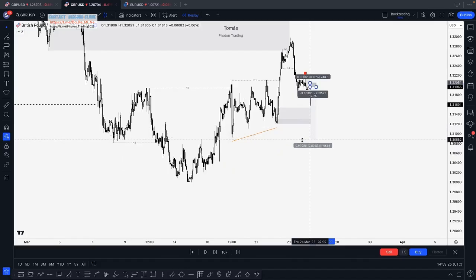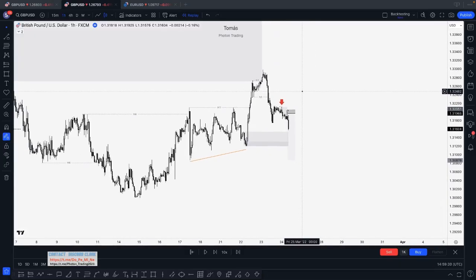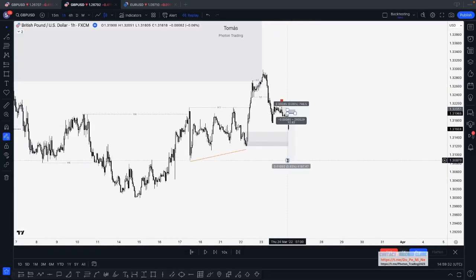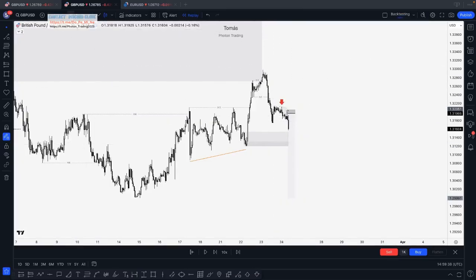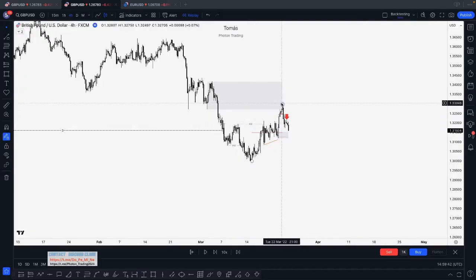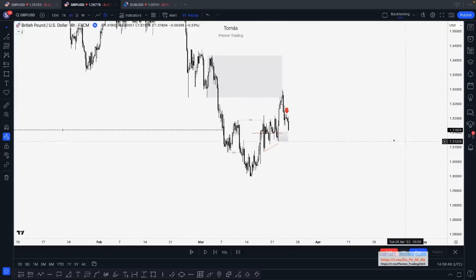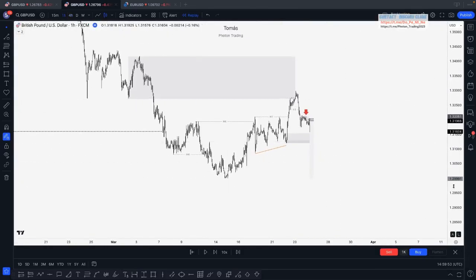Or if you use partials, you can even let a few percent run to target the low in case the daily lower high is formed. Because remember that H4 was bullish to mitigate the daily, and once the daily supply is mitigated, we can go to the downside, especially with this kind of liquidity here.